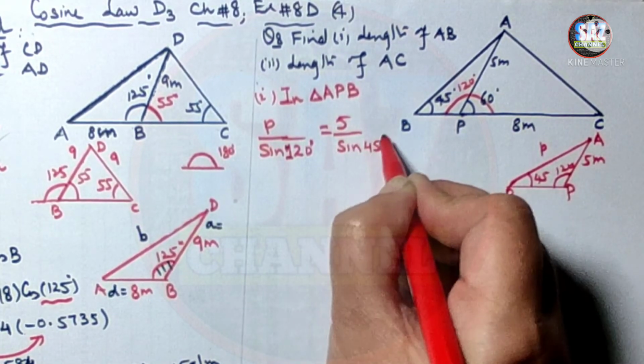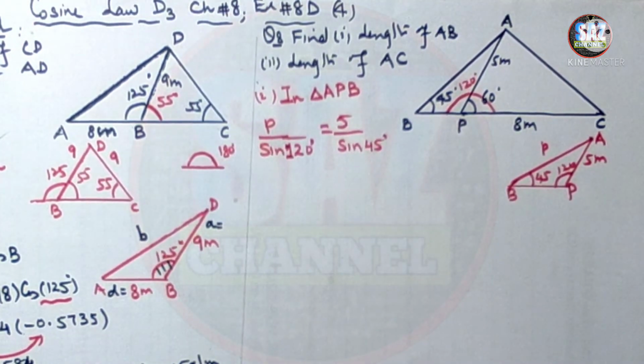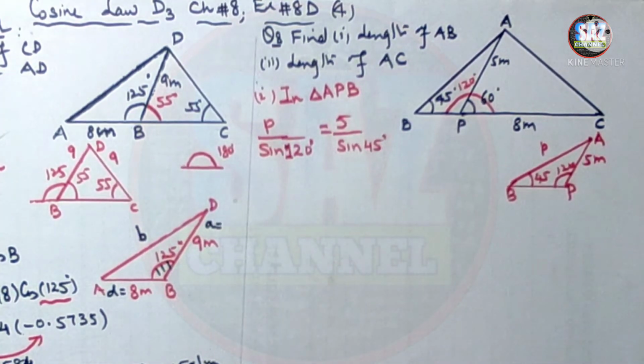Students, I hope you are really clear how we decide which tool we are going to apply for the solution of the triangle for finding an unknown length, and why we are using sine law here.